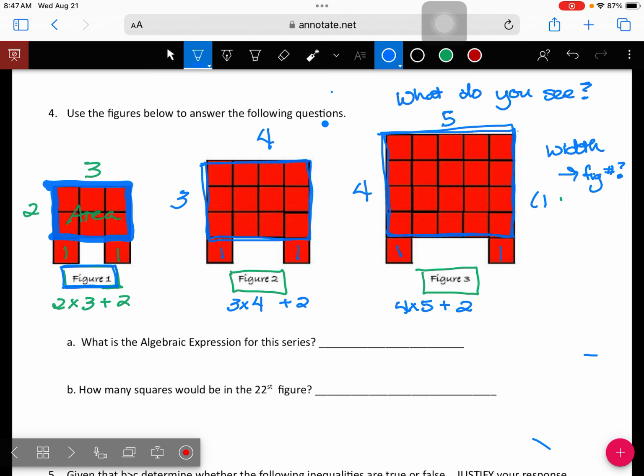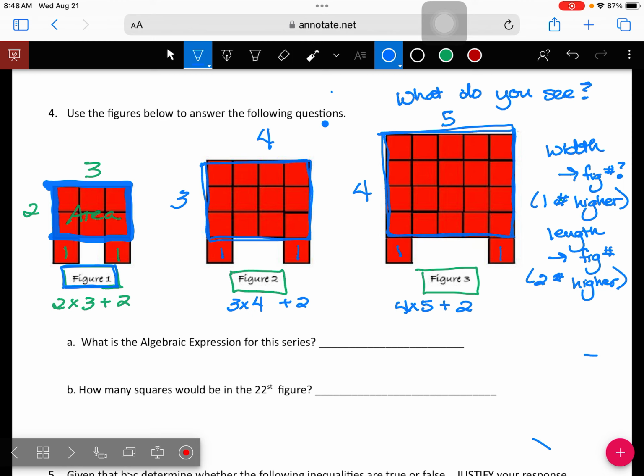How does the length relate to the figure number? It's always 2 numbers higher. And what else do we have to think about besides our rectangle? Those 2. And it's always been plus 2, right?